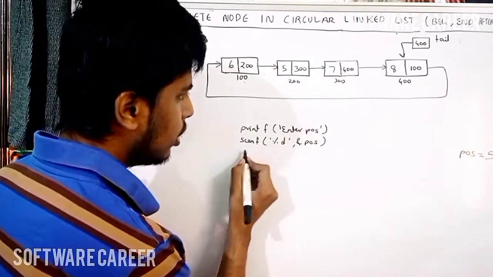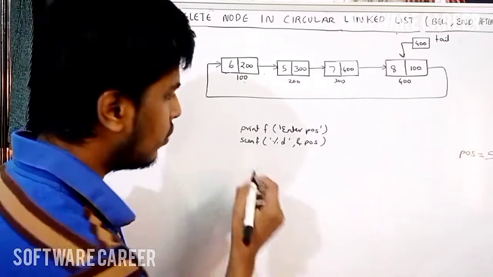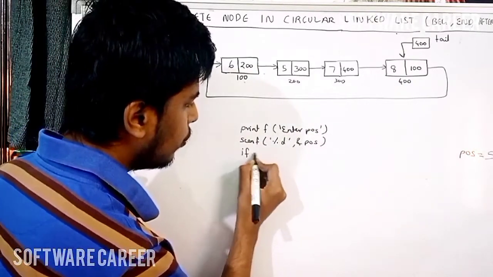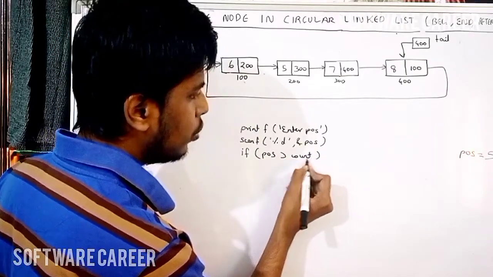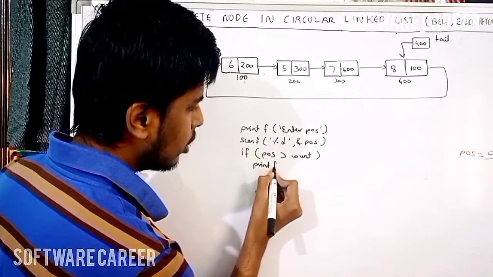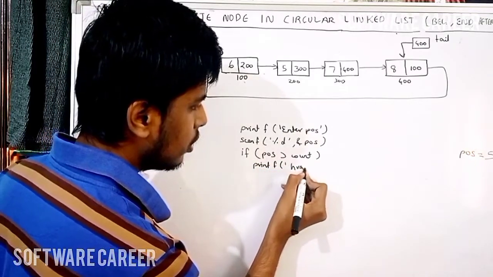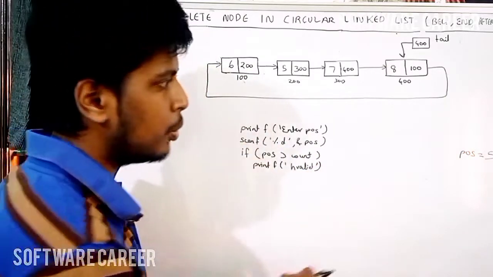This position is 5, and 5 is greater than 4. I'm writing the condition: if position greater than count, where count is the number of nodes in the linked list, then print invalid. Now it prints invalid and again asks the user to enter the correct position.